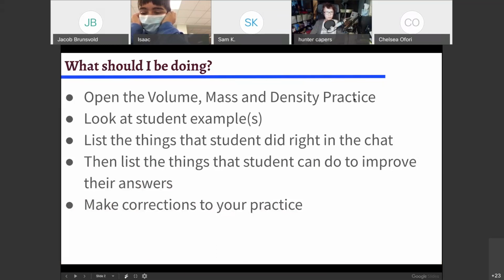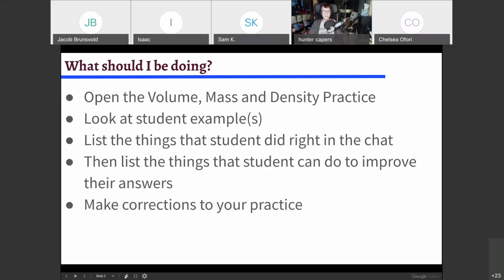And then we're going to look at Hunter's example. We're going to list the things that Hunter did right in the chat first. After we list the things that Hunter did right, we're going to list the things that he can do to improve his answers. And then as you're watching all this, you should be making corrections to your practice.